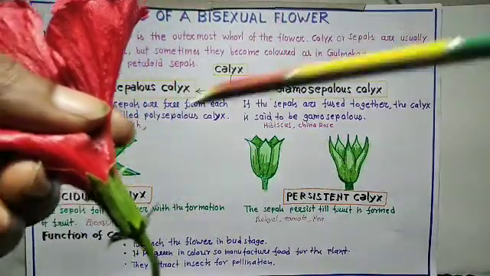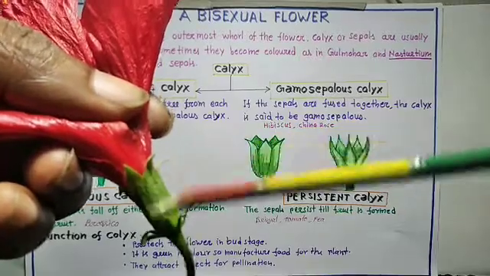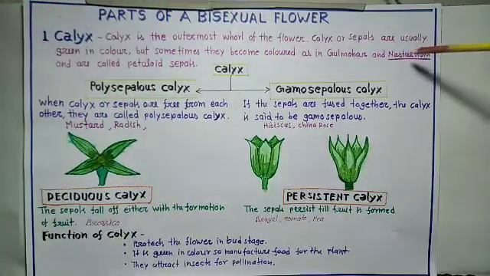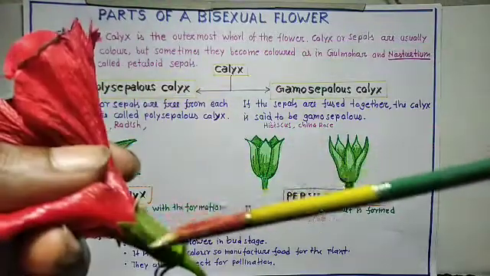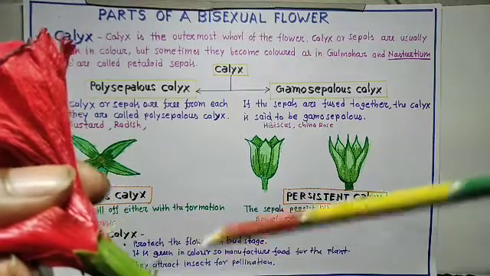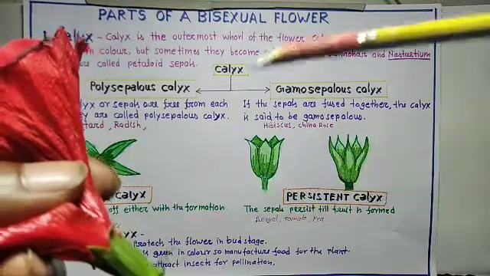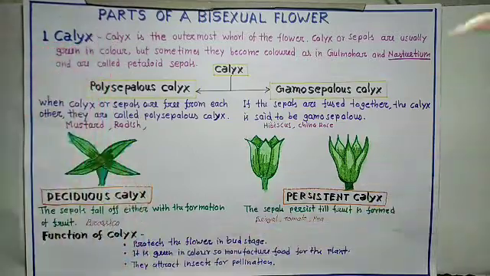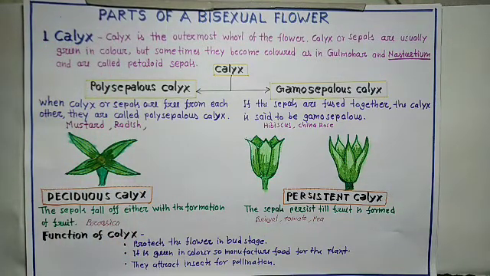Calyx or sepals are usually green in color, but sometimes they become colored, as in gulmohar and nasturtium, and are called petaloid sepals.